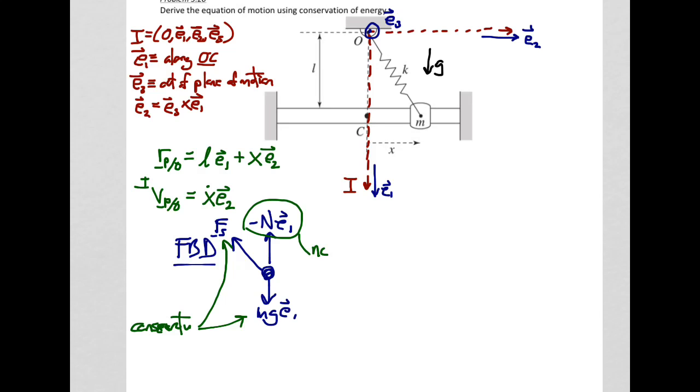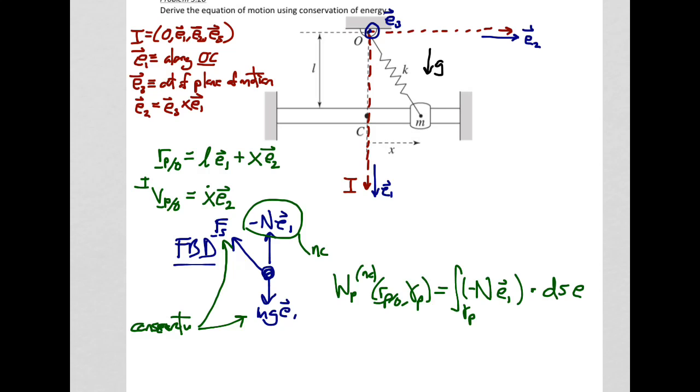And so the work on P due to non-conservative forces, along the path of P, is a path integral in which we have negative N in the E1 direction, dotted with ds in the ET direction.